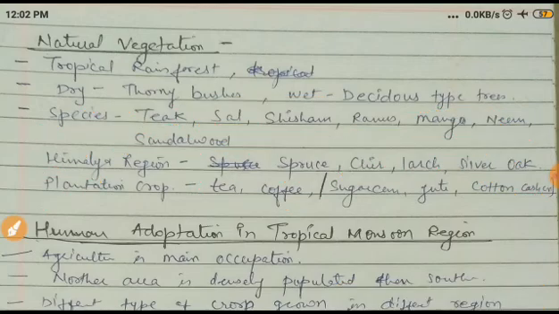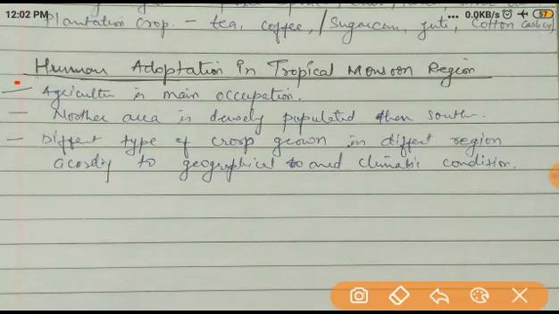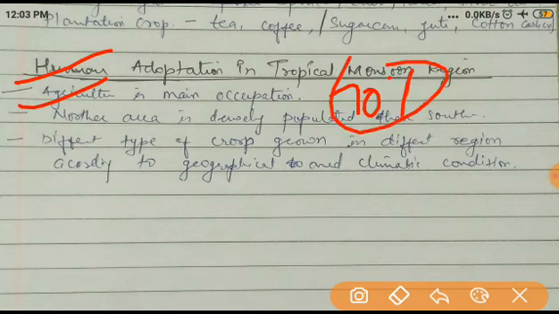Okay. Then the last one is human adaptation. Largely, human adaptation is located in this region. Why? Because of appropriate rainfall, appropriate sunlight, and the terrain is also suitable. So that's why most of the population is located here. The main occupation is agriculture, because 70% of the population is engaged in agricultural work.